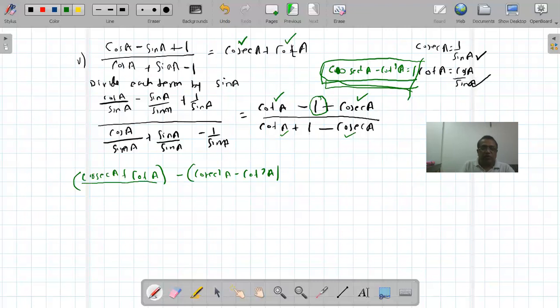Upon, let the denominator be as it is. The denominator was cot A plus 1 minus cosec A, right?